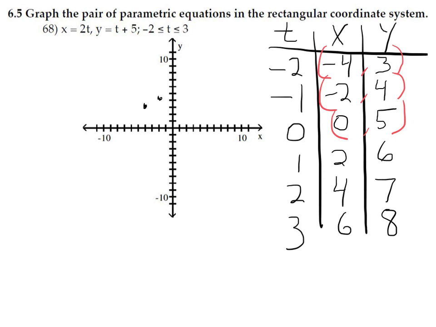Pretty close. 0, 5. 2, 6. 4, 7. And 6, 8.